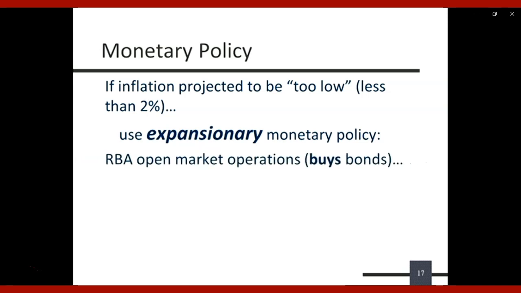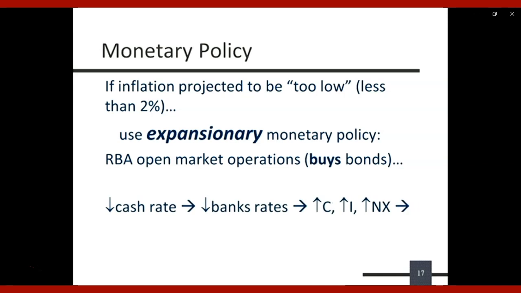So, the Reserve Bank manipulates the short-term cash rate. How does it do it? By using open market operations, it buys government bonds from the banks. The price of money in the short-term money market, the cash rate, falls. When the cash rate falls, ceteris paribus, the banks pass on the savings to you in lower interest rates. Banks pass that on as lower interest rates to businesses and households.